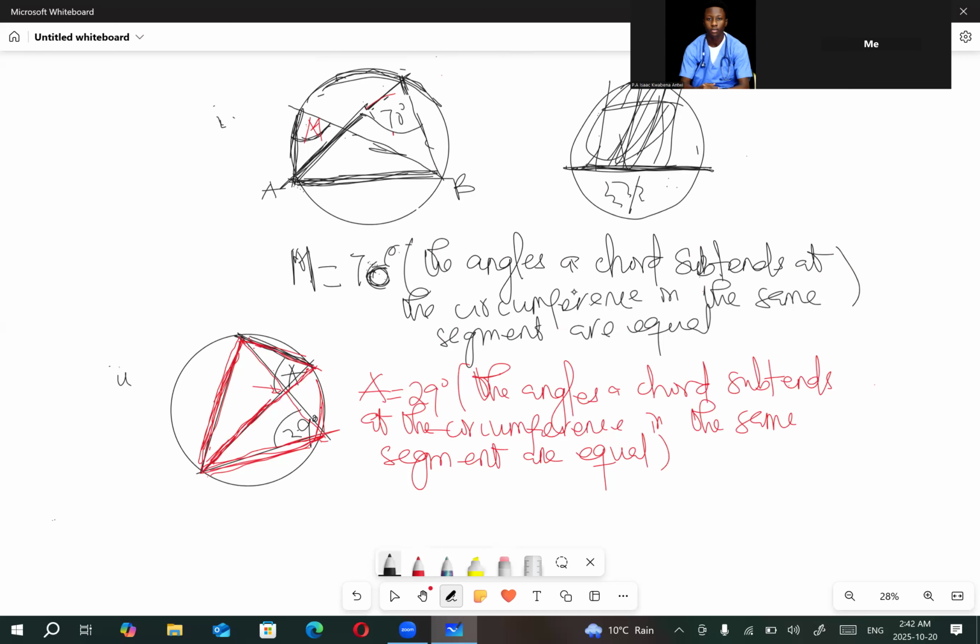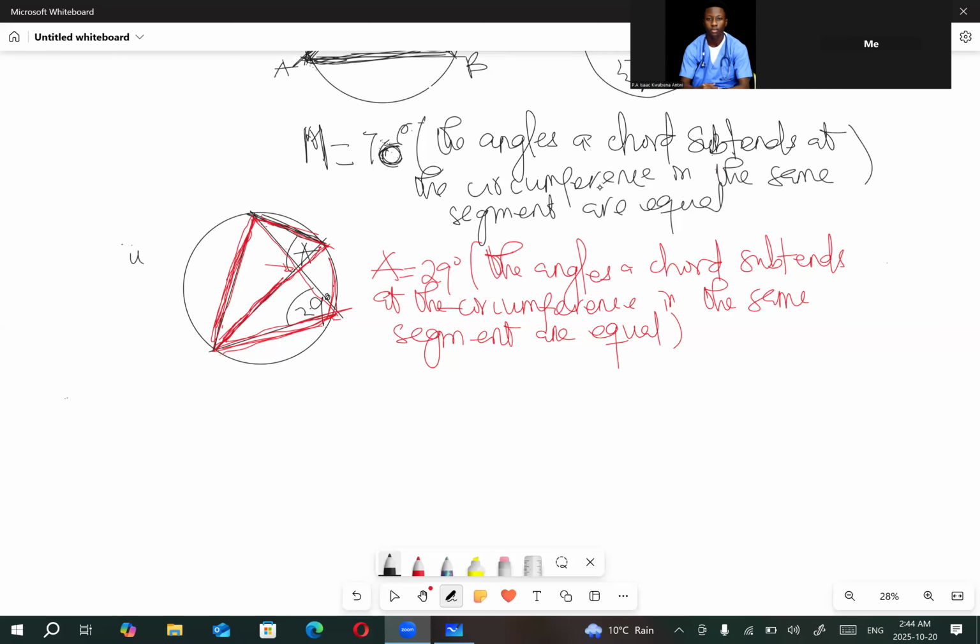So it's your turn. Find the value of the lettered angles.